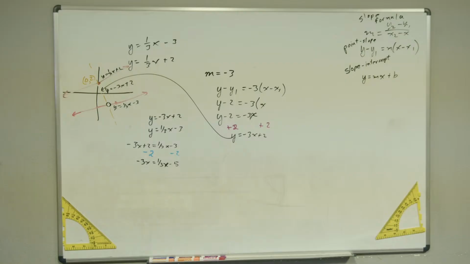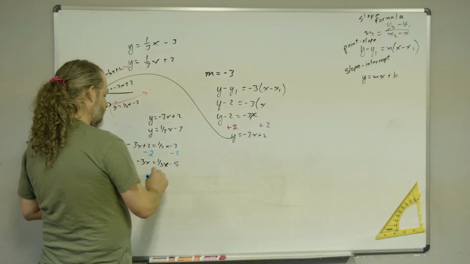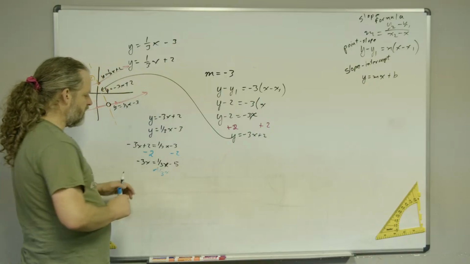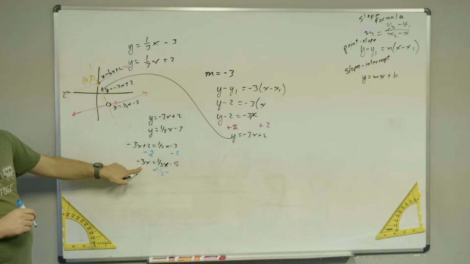Yeah, you're going to try to get those like terms together. How do we move it from one side of the equation to the other side of the equation? Subtract's fine. Subtract what? The 1/3 x? No, if you were moving that one, you would add it, right?